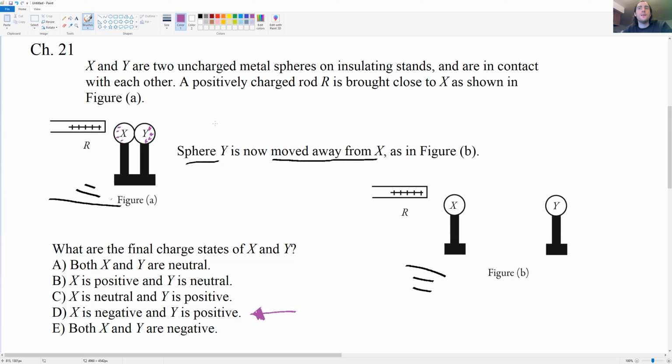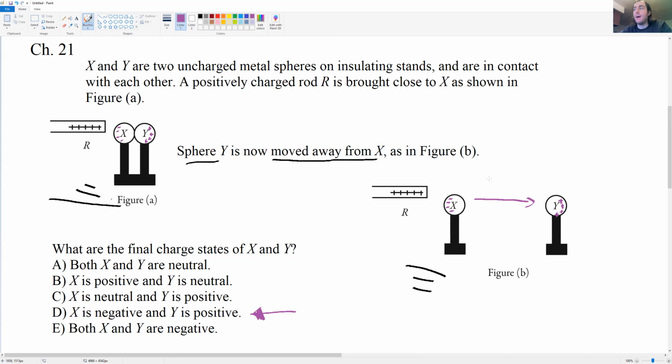And so because of this, what we call polarization, when we move sphere Y far away and no longer in contact with the sphere X, that extra negative charge that came over onto the X sphere is now trapped there.